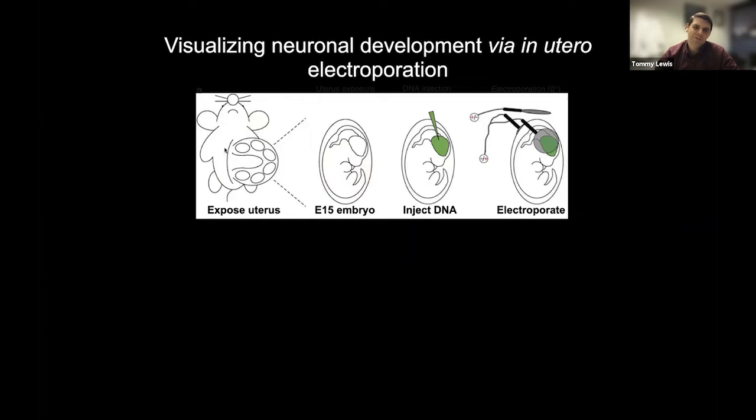Essentially we expose the uterus of a mouse, and around E15.5, when the embryos are around E15.5, we inject DNA into the lateral ventricles. This can be plasmid DNA that encodes either a fluorescent reporter, or shRNA to perform knockdown, or a CRISPR construct to knock in or knock out something. And then we give it a small shock to electroporate the progenitor cells in that region.